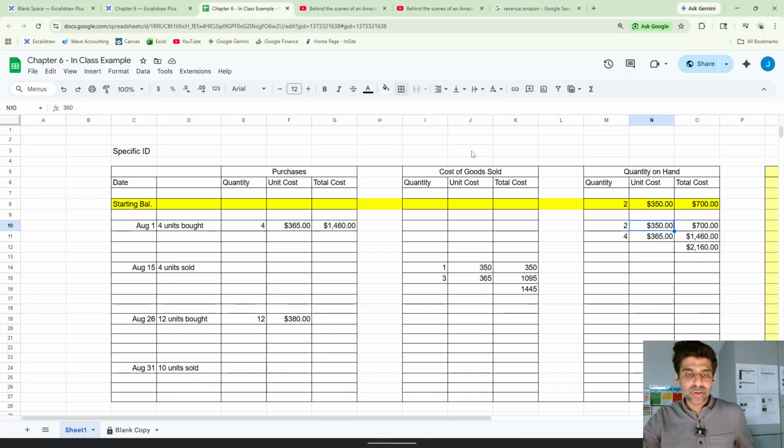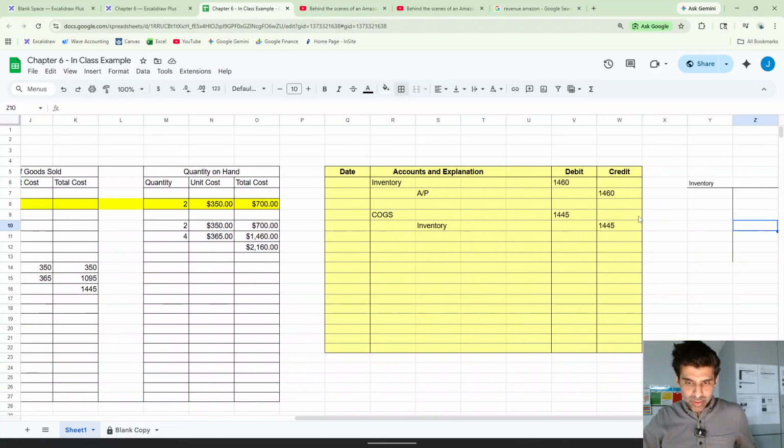That's why we need this extra information in the table. Just for completeness, we had a starting balance of 700. Remember this? We had a purchase transaction right here, 14,600, and now we have this sales transaction, so we have a credit.